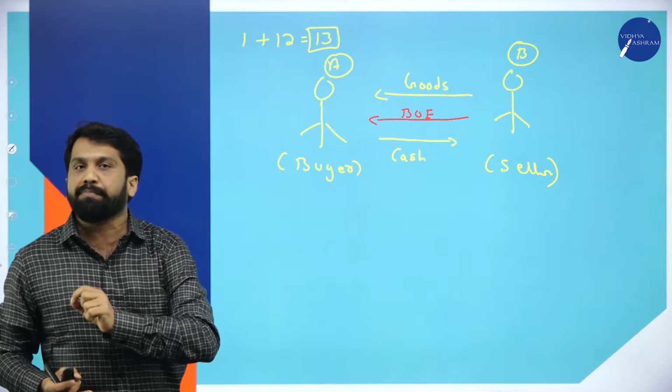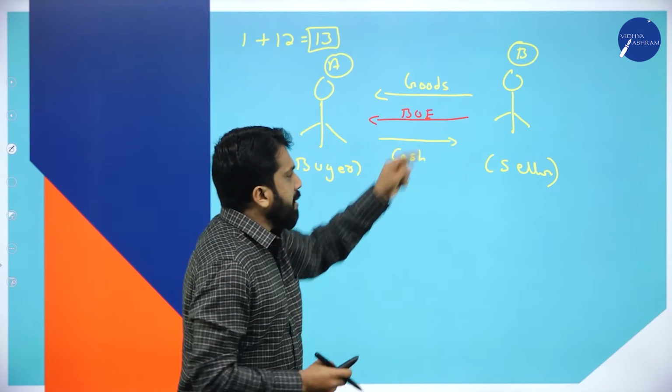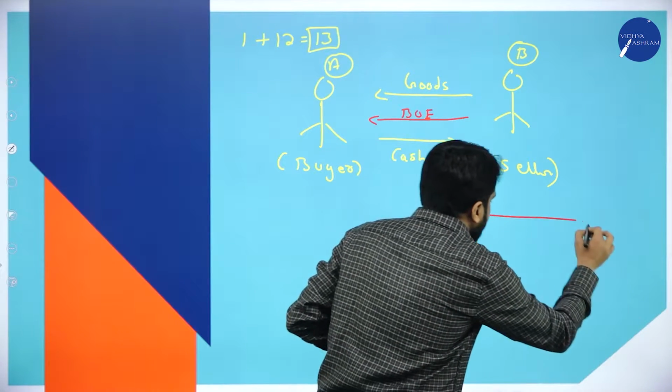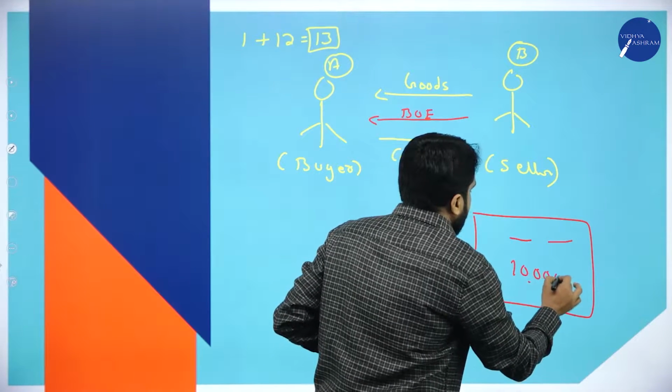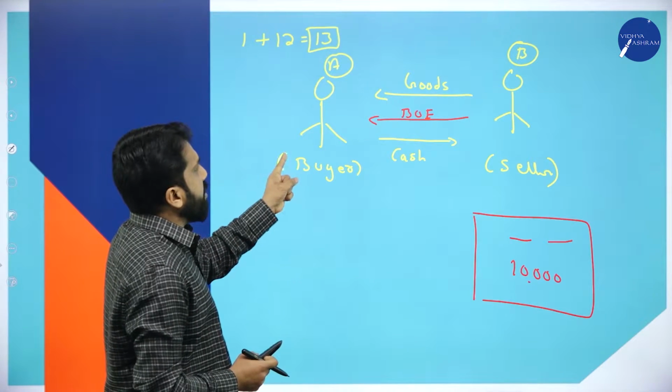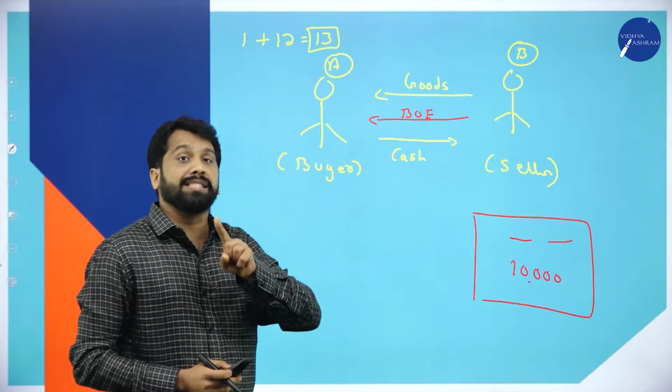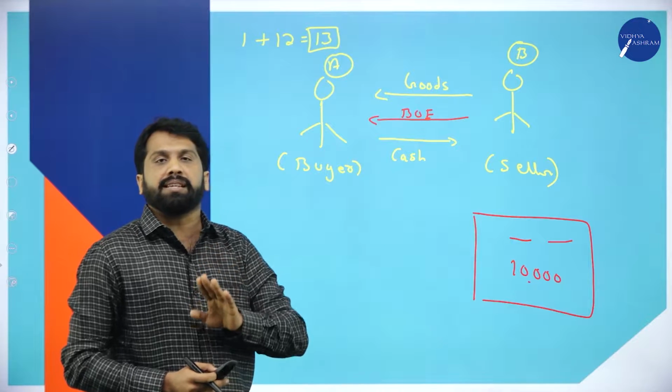For that, what has B done? He has prepared a letter, mentioning that 10,000 rupees has to be paid by A to B after 60 days. It is not only 10,000.